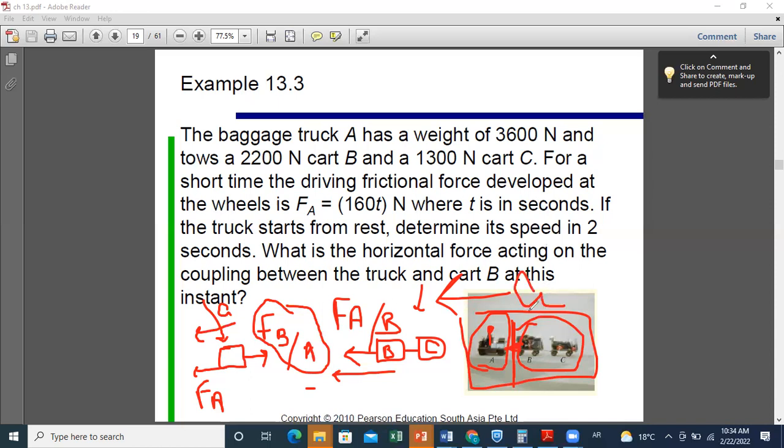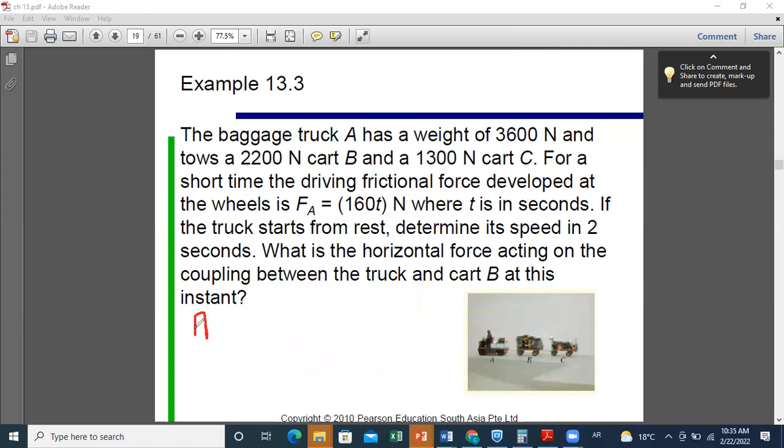Once we got a, we can take A alone or B plus C alone, because when we take A or B plus C, we introduce a new unknown, which is the coupling force between A and B.